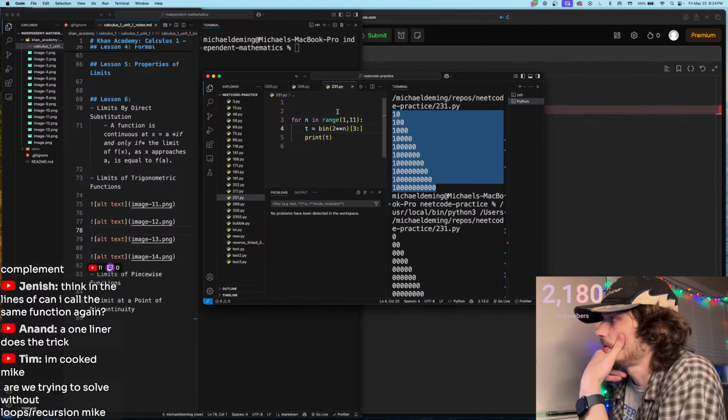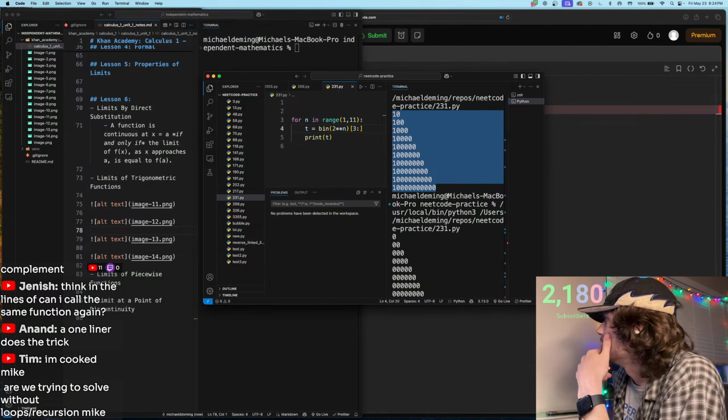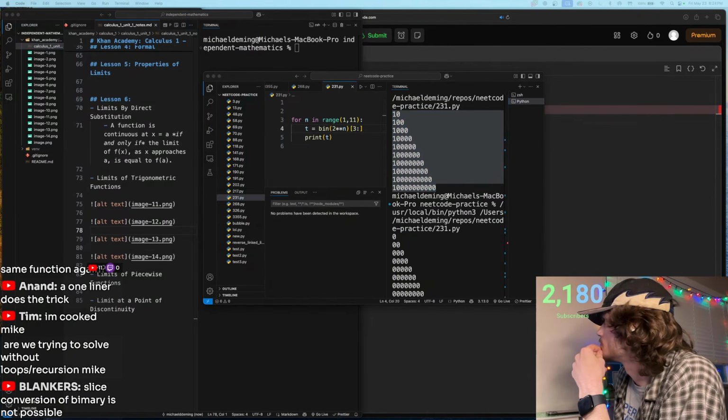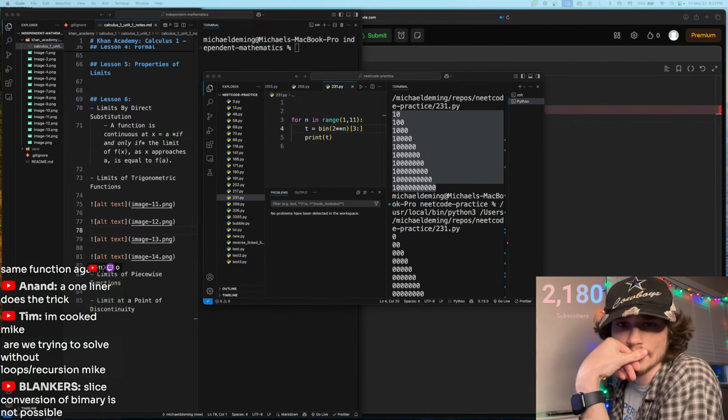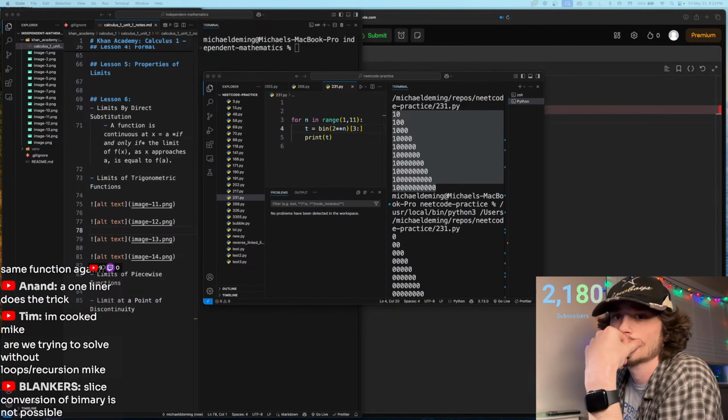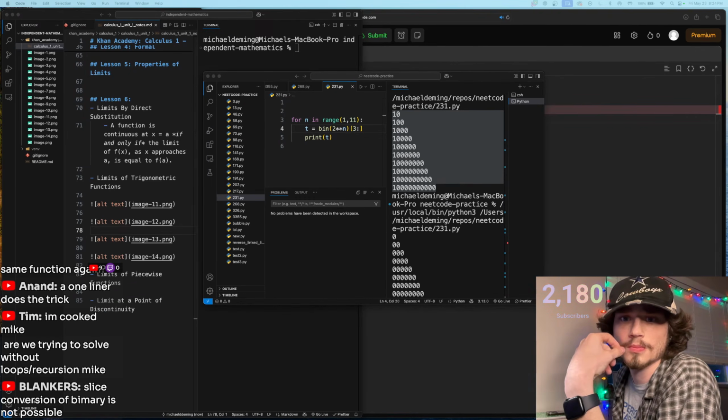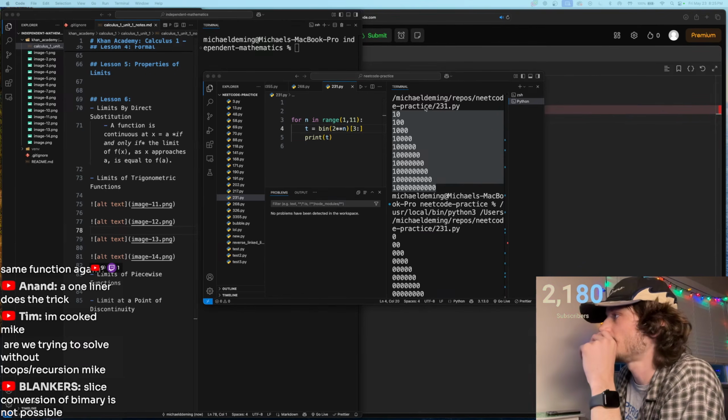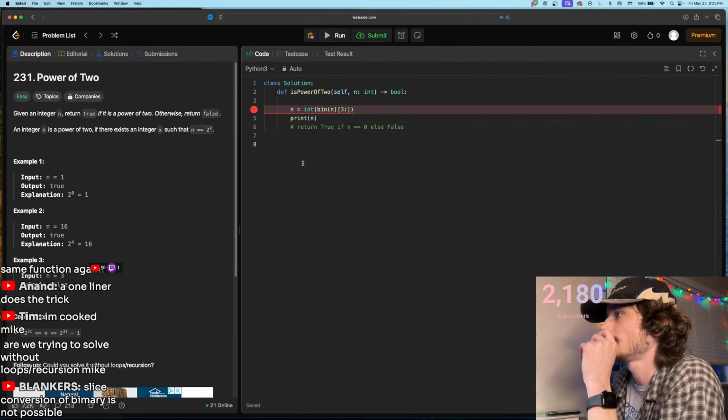Right? That's my initial thought here. Slice conversion of a binary is not possible. Oh, dang.